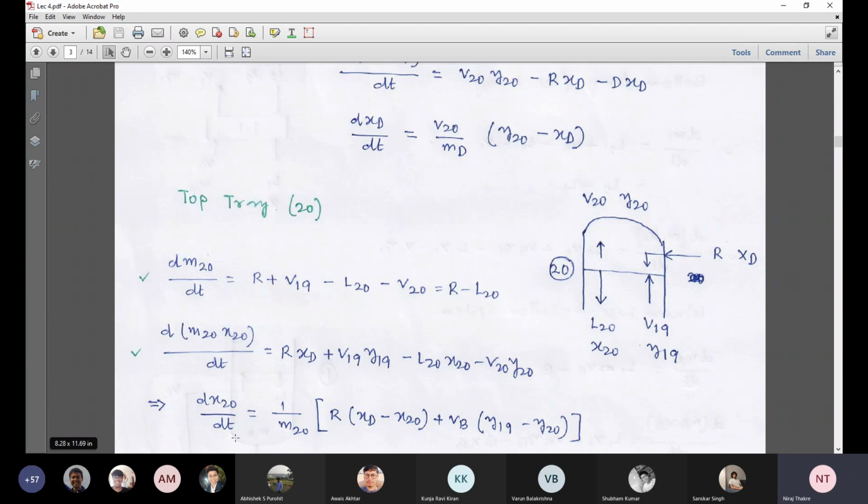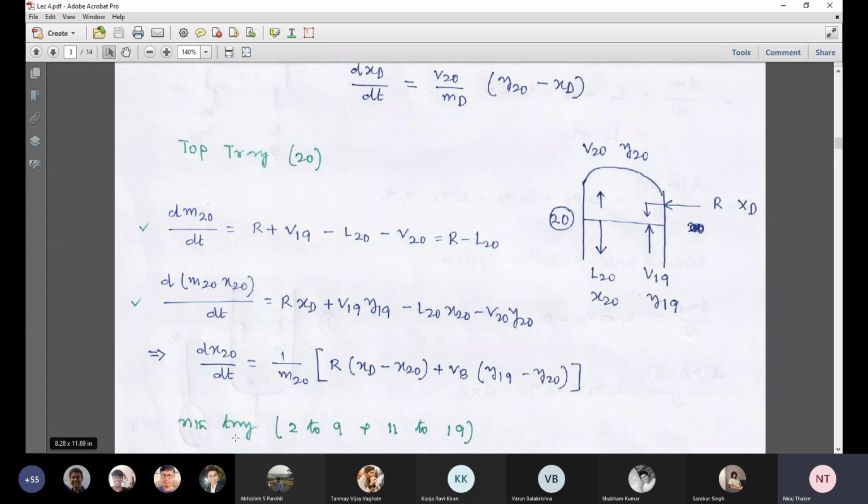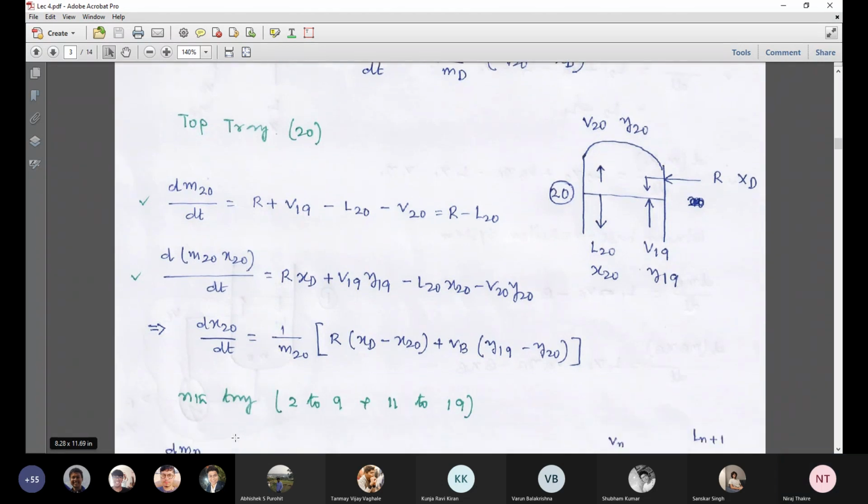Everyone got this? Yes, sir. Good. So what is the next section? See, as I told, we are moving from top downward. First, we have considered condenser cum reflux drum. Next, top tray. Next, we can consider 11th to 19th tray, because there is no change of notation.